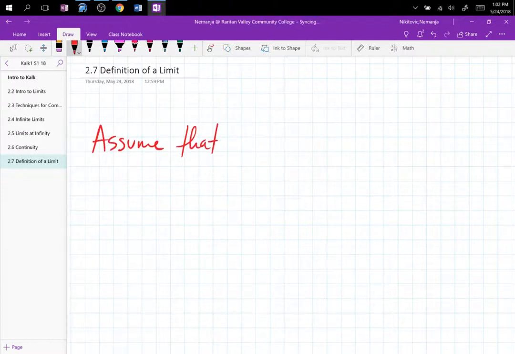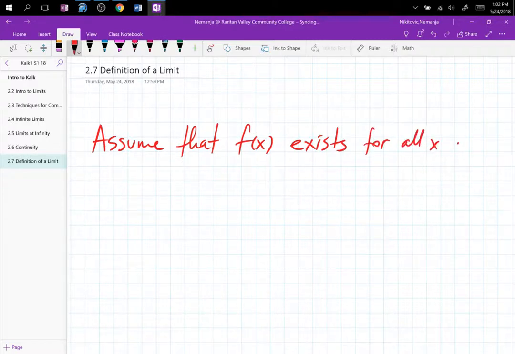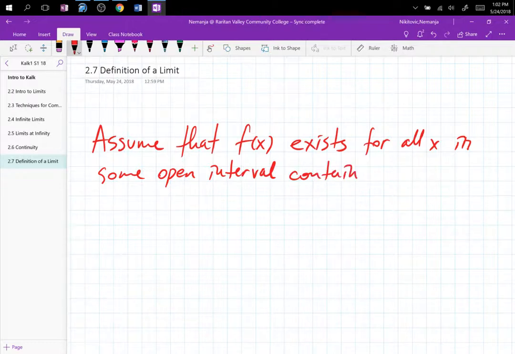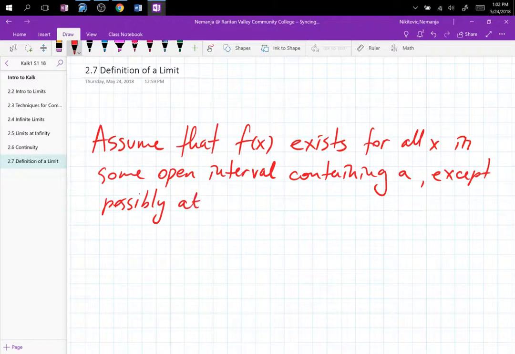that f of x exists for all x in some open interval containing a except possibly at a.